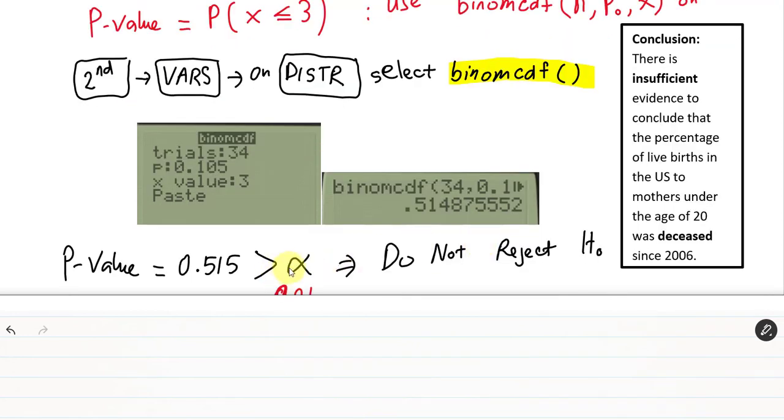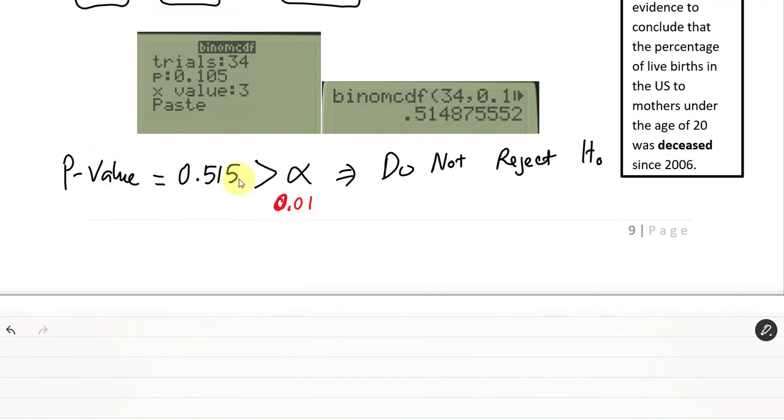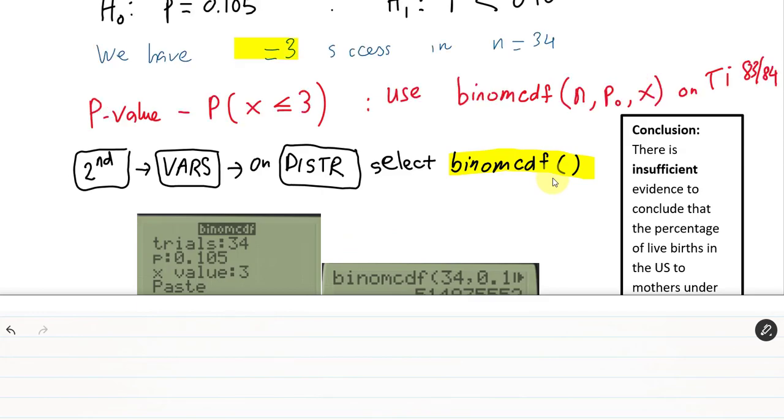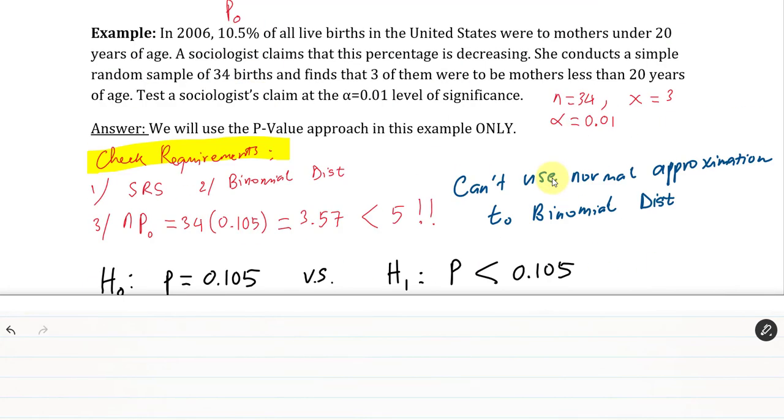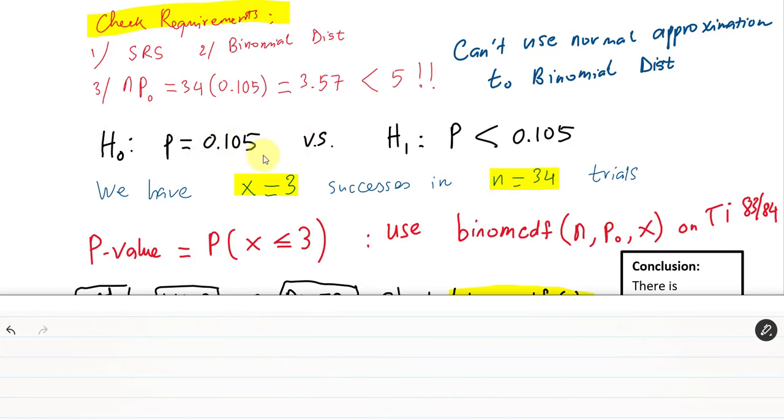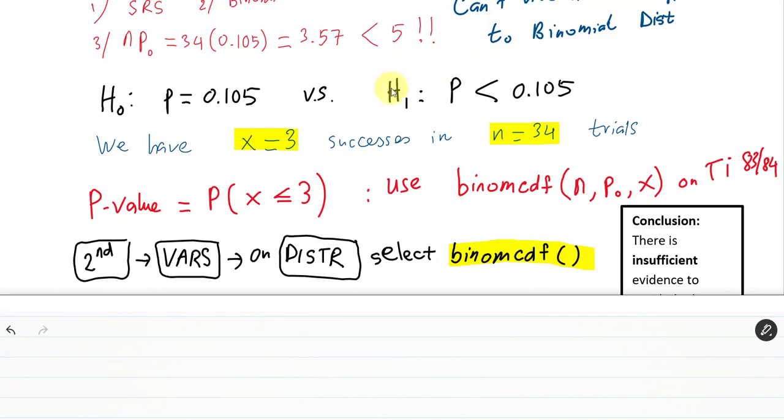And we know that alpha is 0.01, and our p-value is 0.5. This is much bigger than 0.01, so it's bigger than alpha. We do not reject the null hypothesis. So we do not reject the null hypothesis, and therefore we do not support this.